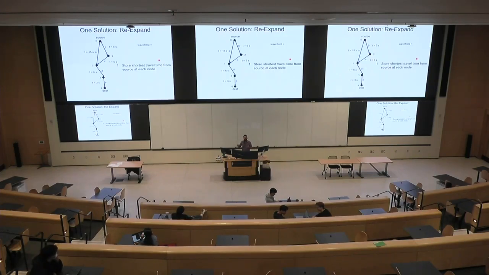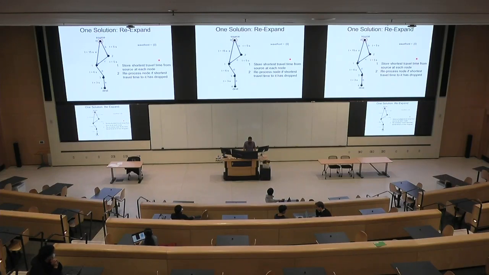We initialize this variable for each node to some maximum value, and while traversing the graph, we check if the travel time to reach that node is less than the current travel time. If it is, then we reprocess that node as if we are visiting it for the first time, and we continue traversing all of its neighbors or children.